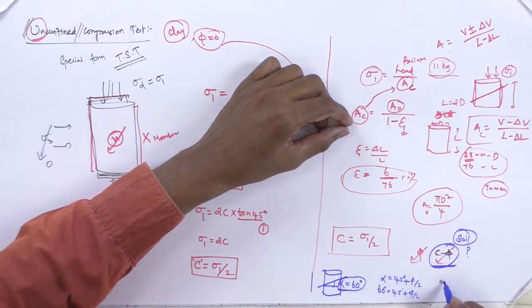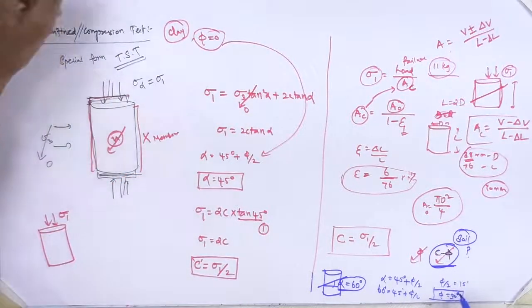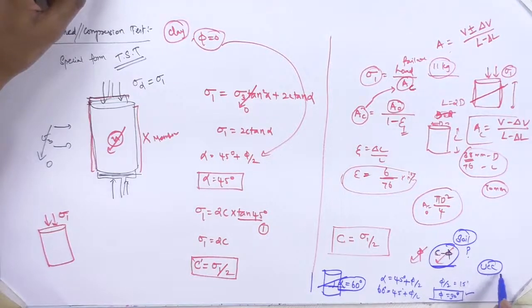So phi by 2 equals 15 degrees, so phi will be 30 degrees. It is possible to measure the angle of internal friction in UCC also, once you get a clear failure plane making some angle with the horizontal plane. So it is possible to find the phi value in the UCC test.